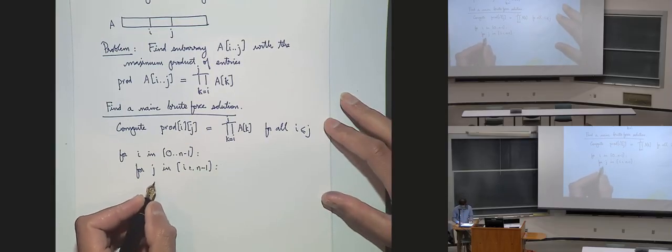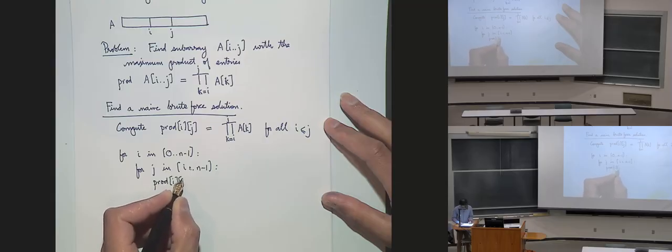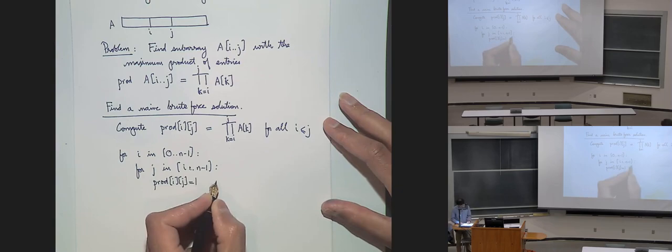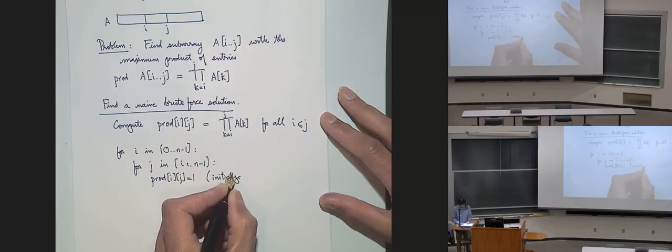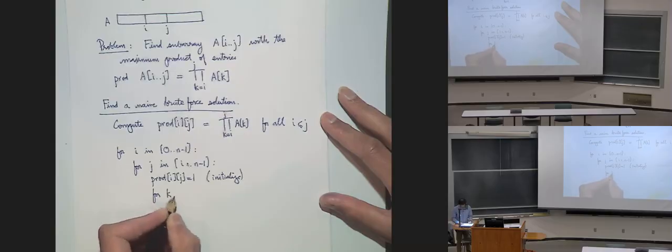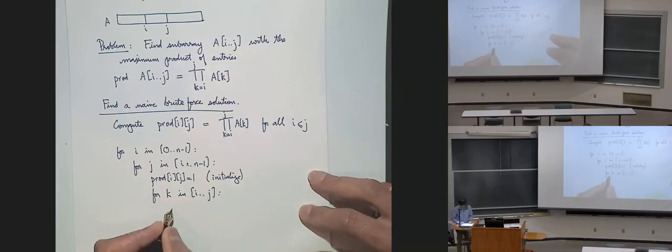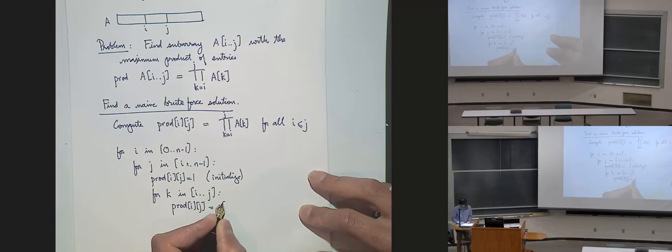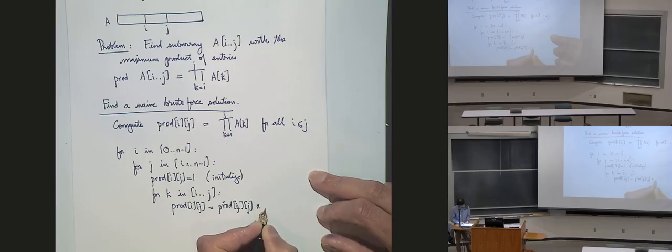So initially, I can initialize product_ij equal to 1. This is just initialization. And then for k going from i to j, product_ij is equal to product_ij times a of k.